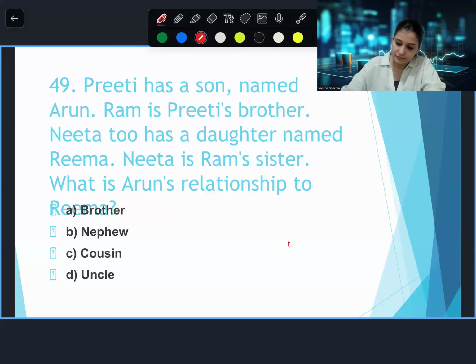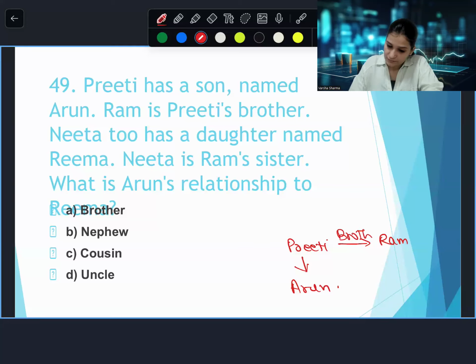Preeti has a son named Arun. Ram is Preeti's brother. Neeta too has a daughter. Neeta is Ram's sister. Neeta has a daughter named Reema.